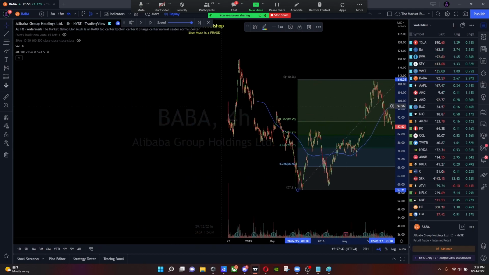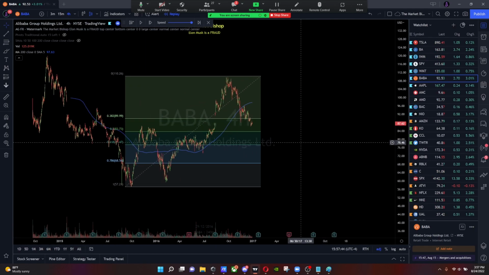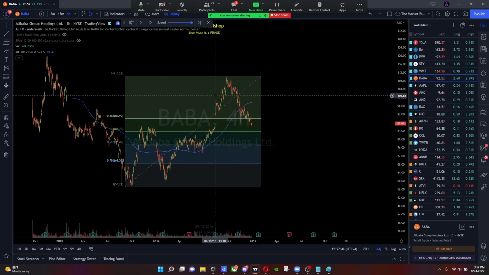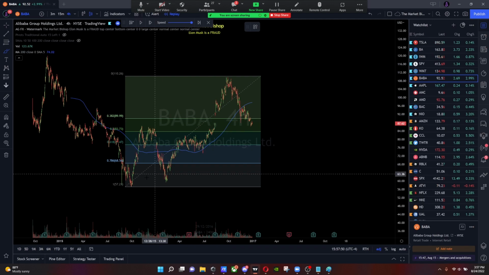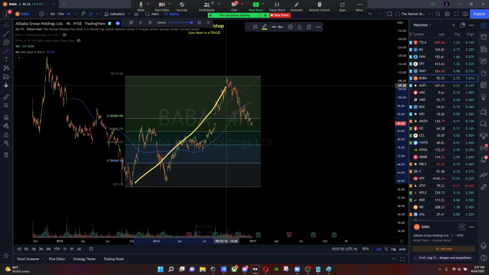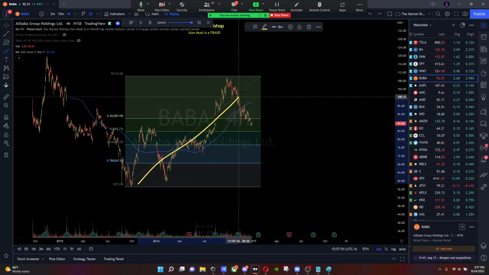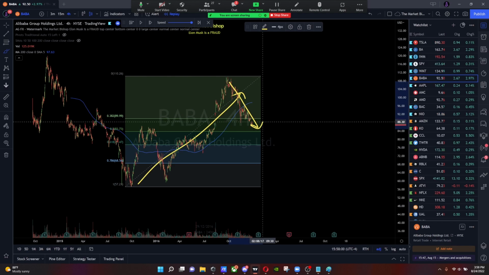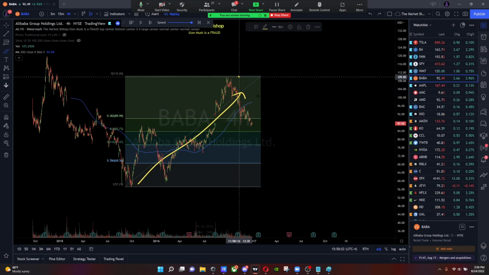So let's say this is the current trading day right over here, and we plotted our Fibonacci for BABA. We've identified the fact that the trend is bullish. Whoops, that's a horrible line. Okay, whatever. We identified that it's a bullish trend, and we're at a period of cool off, right? Let me draw this arrow over here.